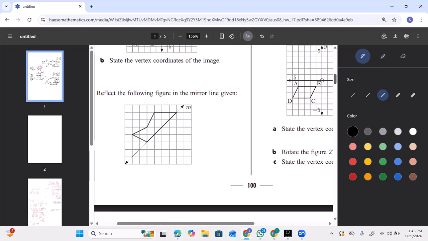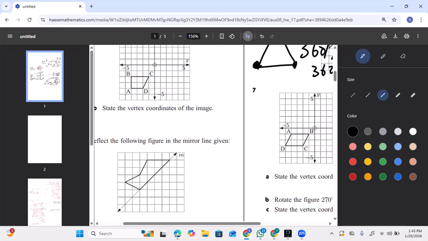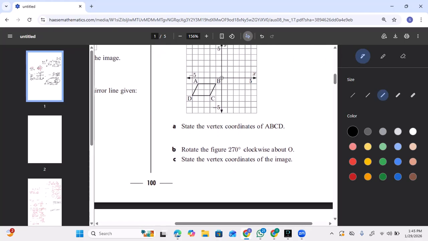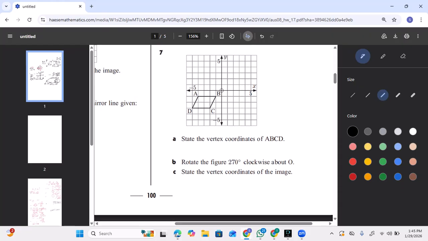We did this one. Let's do another question like this. Okay, Jaref, you have to tell me that in this particular question, question number 7, they have asked us to say the vertex coordinates of ABCD. So how can we identify this?